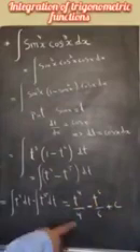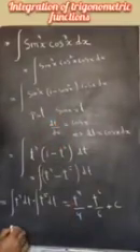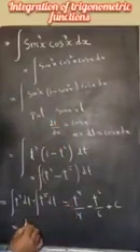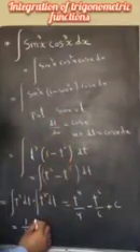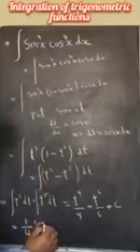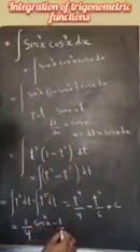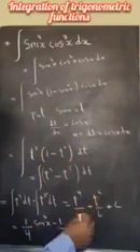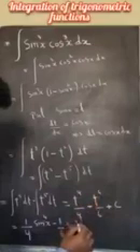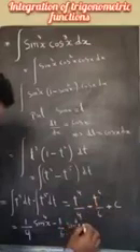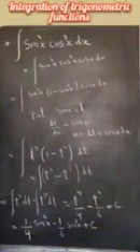Now replace t with sine x, we get 1 by 4 sine raised to power 4 x minus 1 by 6 sine raised to power 6 x plus constant of integration c. That completes the question.